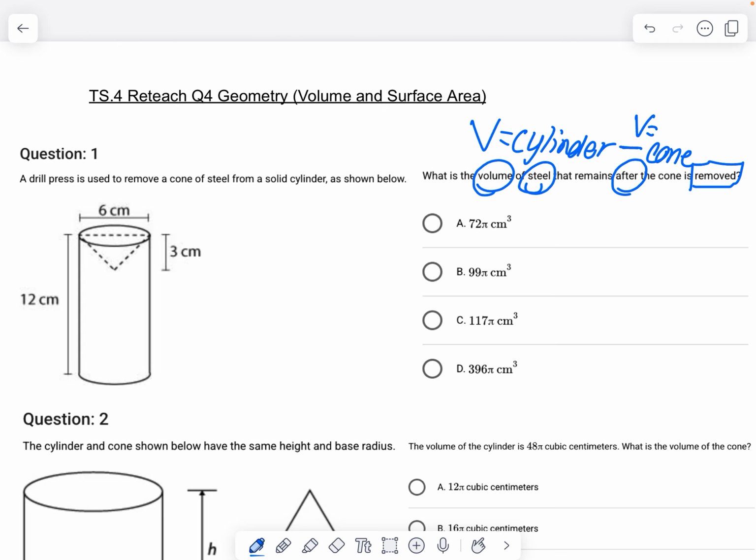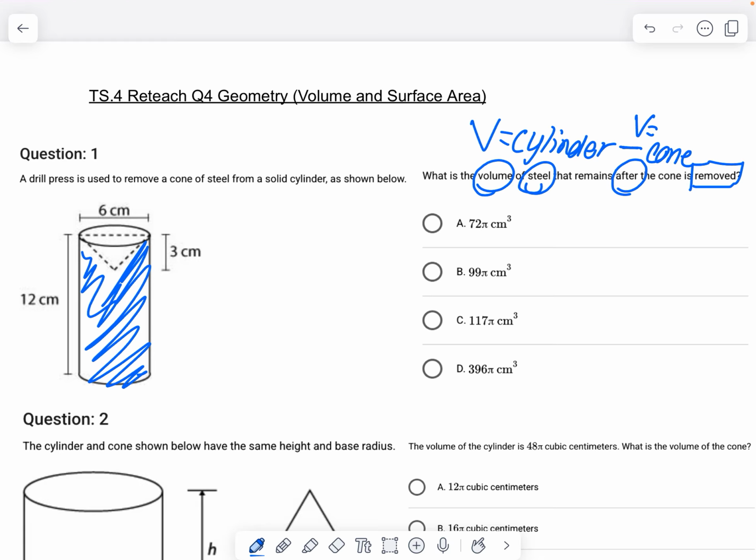That was the last lesson in our unit, composition of 3D dimensions. If we see objects that are inside each other, we probably should be subtracting them, because I want to find the volume of all the other stuff. I don't want the volume that's taken out. So we need to subtract those two volumes.